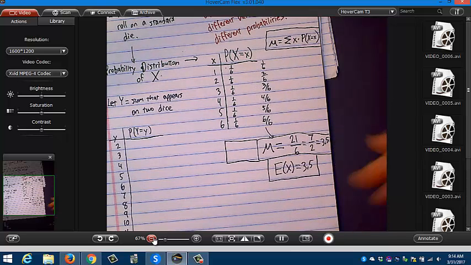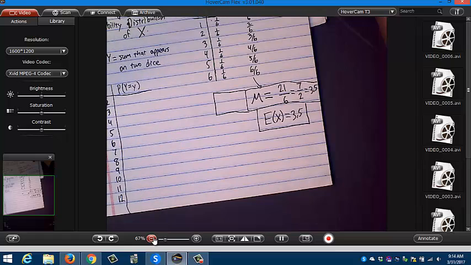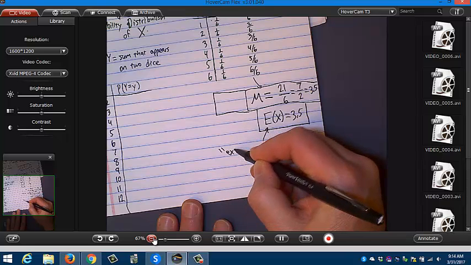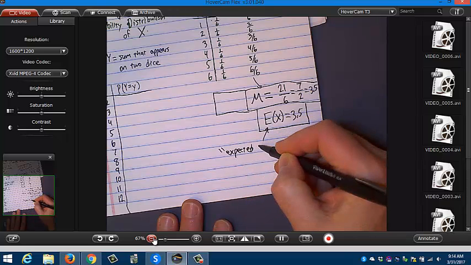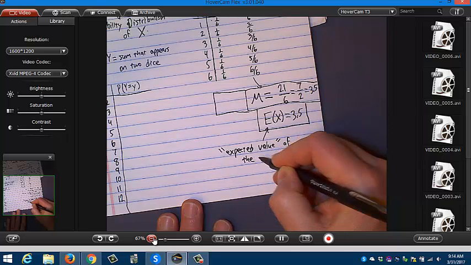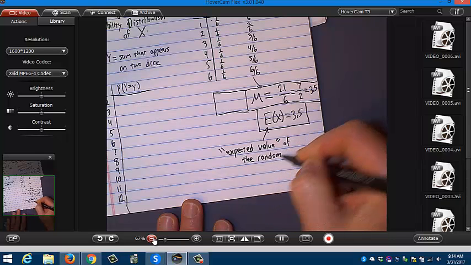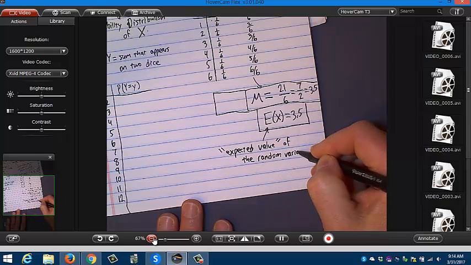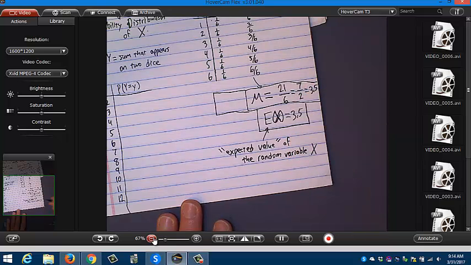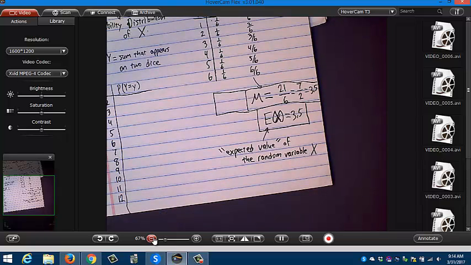And if you see it written that way, the way you read that is the expected value of the random variable, capital X. This is a capital X. Maybe I should make sure you don't get them confused, okay? When you have a random variable, sometimes people will talk about the expected value. What they really mean is the average.